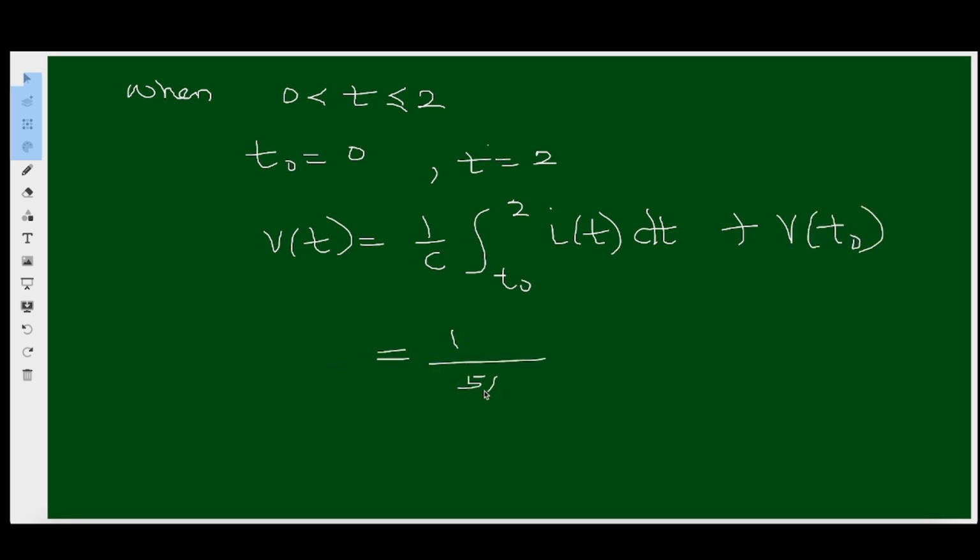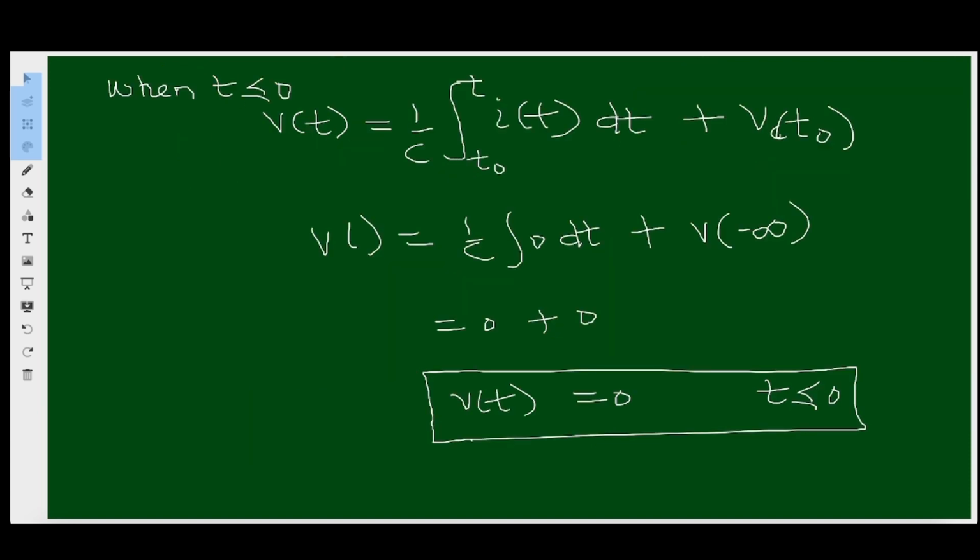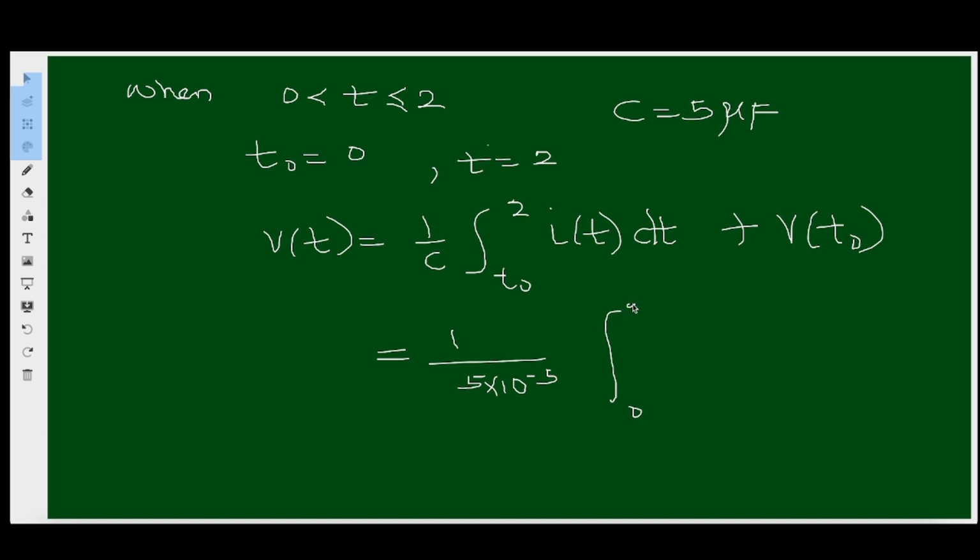1 over 5 times 10 raised to the power minus 6, because c is 5 microfarad, right? Integral from... so let's get what I of t will be. I of t is what? 20 milliamperes. So that's what we use. From 0 to 2, 20 milliamperes, so it's 20 times 10 to the power minus 3 dt, plus t naught is 0, so that's v of 0, which means this is 0, right?